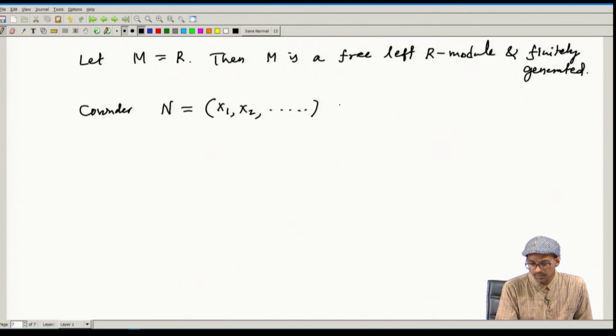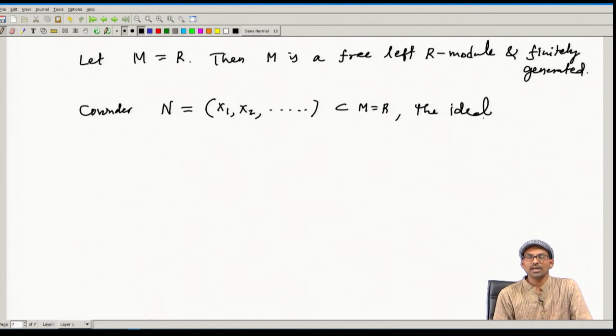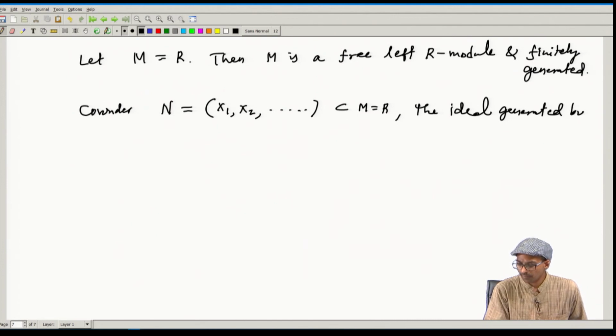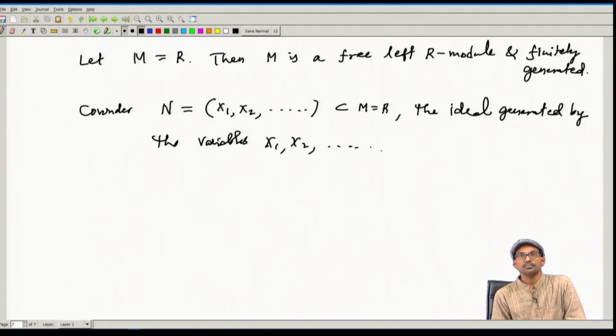N is contained in M, of course M is nothing but R. Since it is a commutative ring, left ideal, right ideal or two sided all coincide. The ideal generated by the variables x1, x2 and so on.